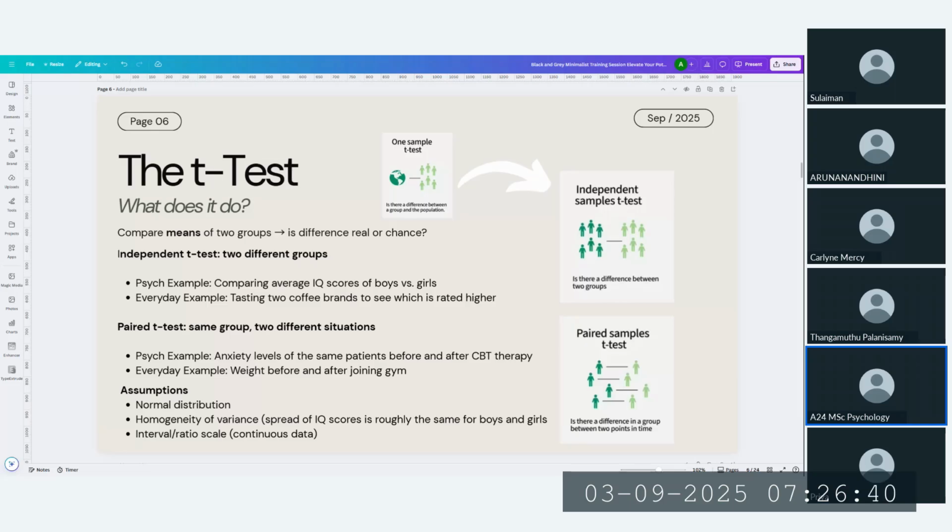So this comes with certain assumptions. One, the data has to have a normal distribution. Normal distribution means it has to follow a certain curve called a bell-shaped curve. That means most of the extremes will be very small values. Most of the people will fall somewhere in the middle. That is called a normal distribution.